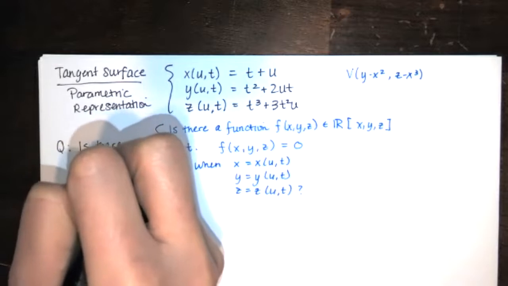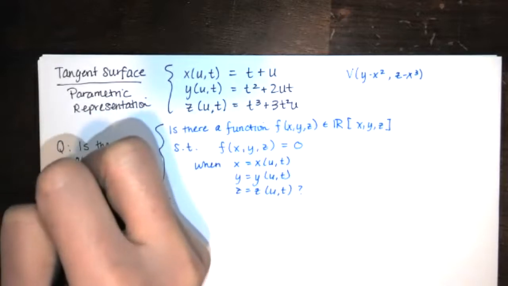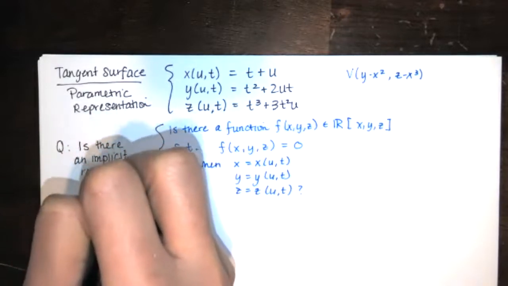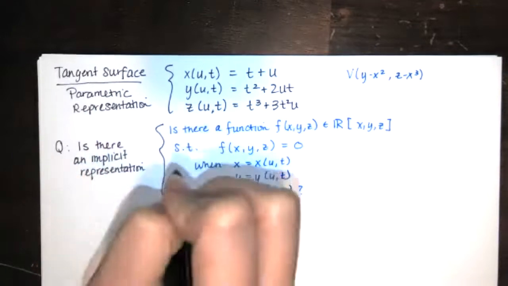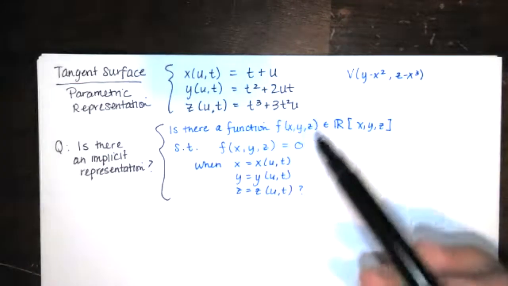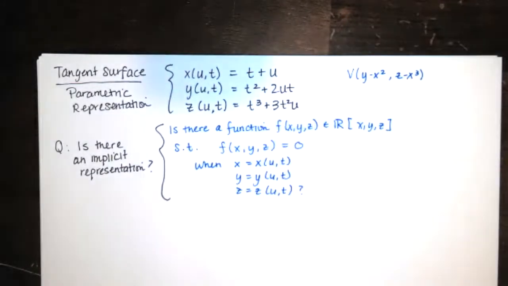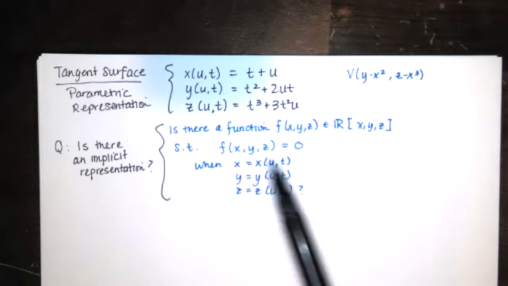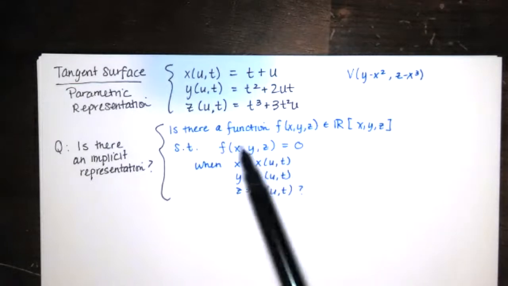This question is asking, in other words, is there an implicit representation? And remember what we said last time. Yes, there is. If we have the parametric representation of some affine variety, we can come up with the implicit representation. And doing that would involve taking these equations for x, y, and z and manipulating them in such a way that we get rid of the t and we get rid of the u, and we just have an equation involving x, y, and z only. So it's somehow going from this to this.